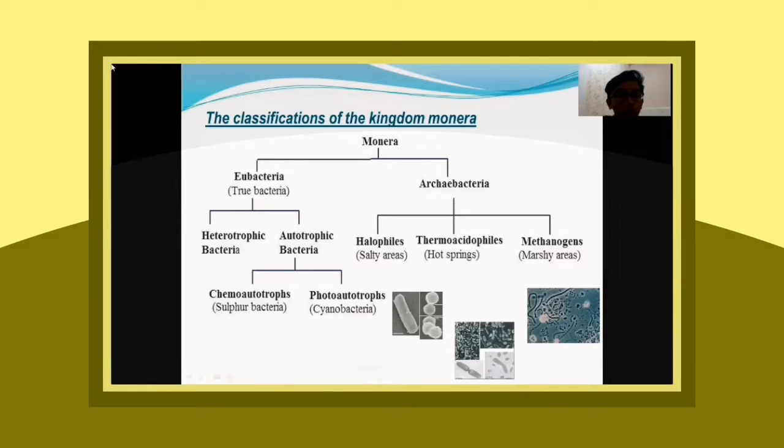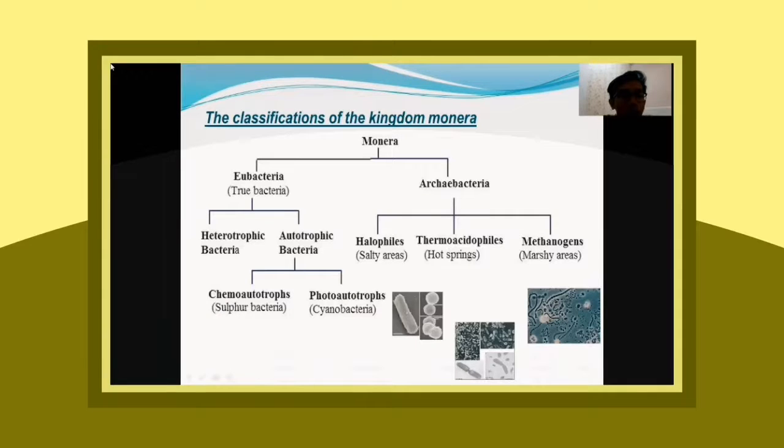The Eubacteria are the true bacteria and have 2 groups, heterotrophic bacteria and autotrophic bacteria. Autotrophic bacteria have 2 types: chemoautotrophs, which are sulfur bacteria, and photoautotrophs, which are cyanobacteria.